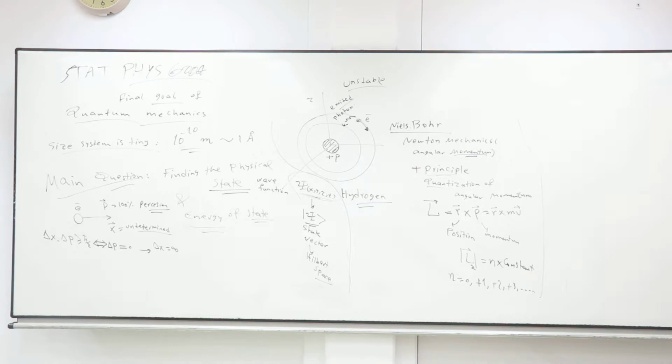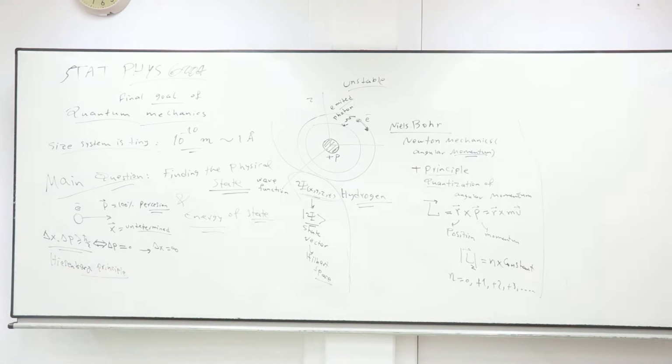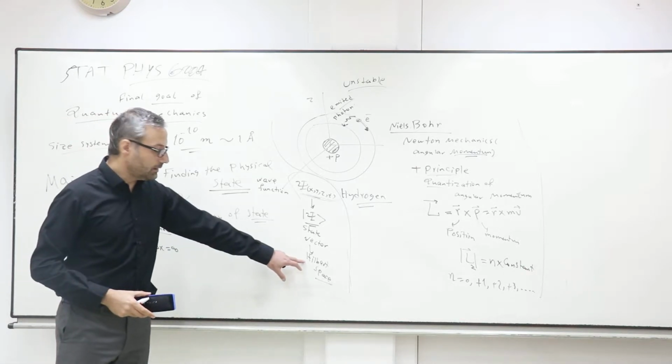Some people state that quantum mechanics is some fiction, or that quantum mechanics is based on this principle. Yes, this is based on the Heisenberg principle. But I want to tell you something more to that. The Heisenberg principle can be derived independently from this Hilbert space.